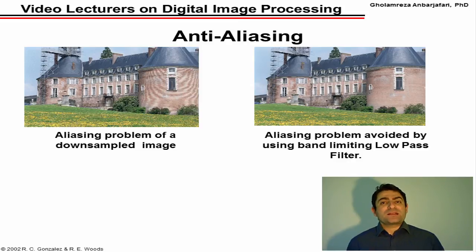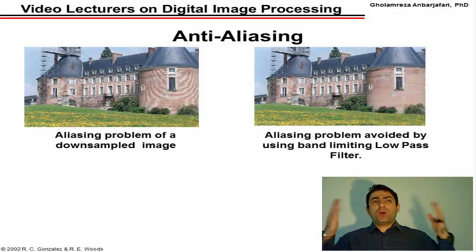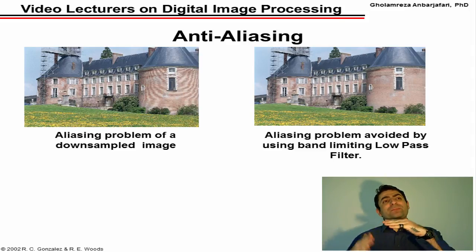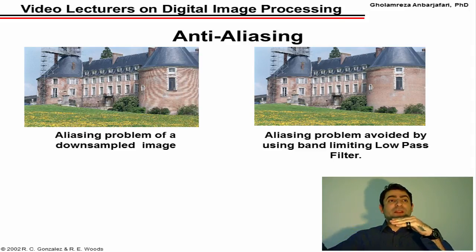So anti-aliasing refers to low-pass filters applied to an image before it is downsampled, to avoid aliasing artifacts. We will talk about low-pass filters, high-pass filters, and different types of filters later, because a low-pass filter will guarantee that we don't pass some of the high frequencies.